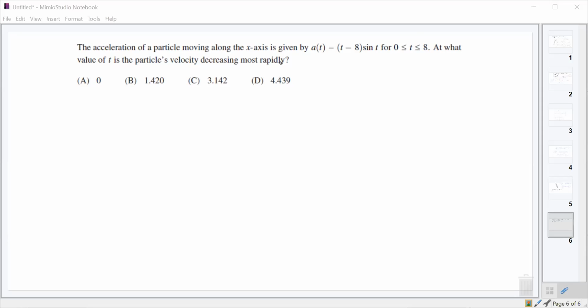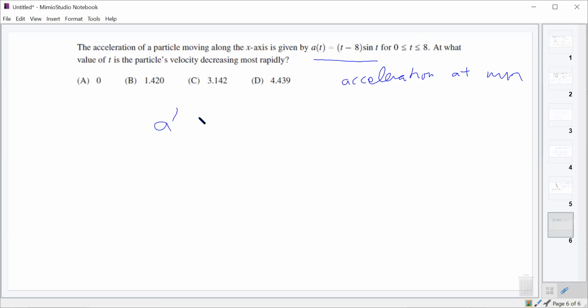So if the particle's velocity is decreasing at its fastest rate, that would be when the acceleration is at a minimum, because acceleration is the increase or decrease in velocity. We want acceleration at a minimum. So we need to take the derivative of the acceleration and see when that equals 0.